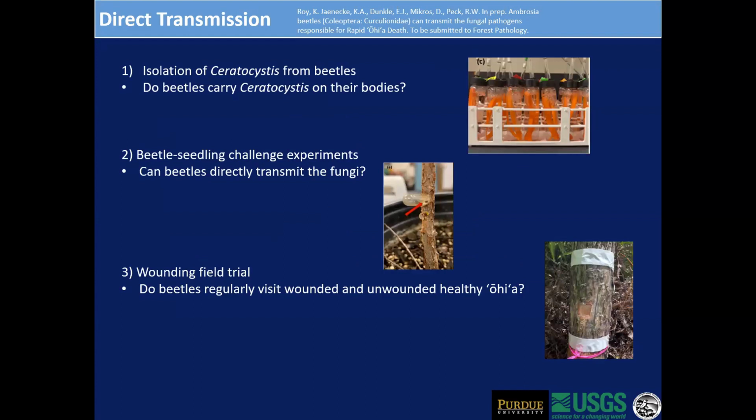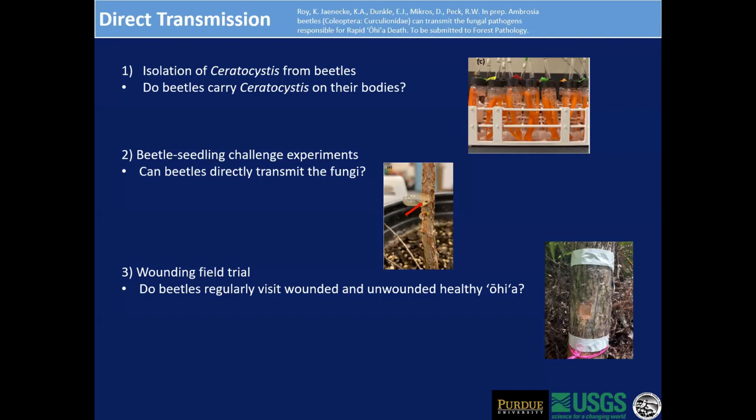And this is a manuscript that we'll be submitting to Forest Pathology. We're still collecting some data for this, so it'll be a little bit slower than the frass manuscript. This contained 3 different projects. The first one was just understanding if the ambrosia beetles associated with rapid ohia death actually carry Ceratocystis on their bodies.